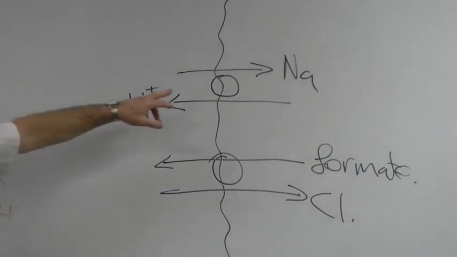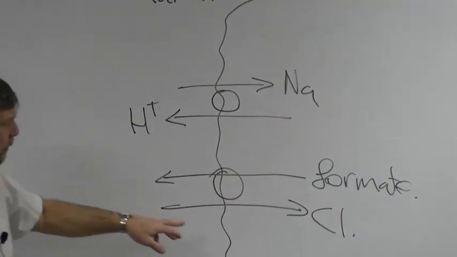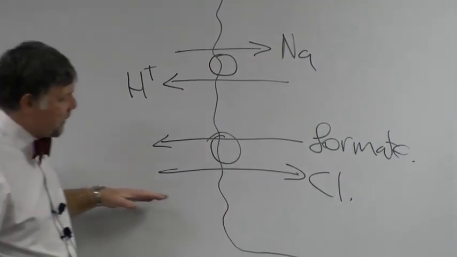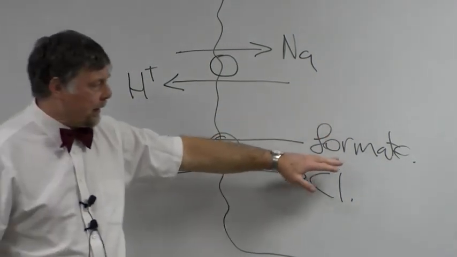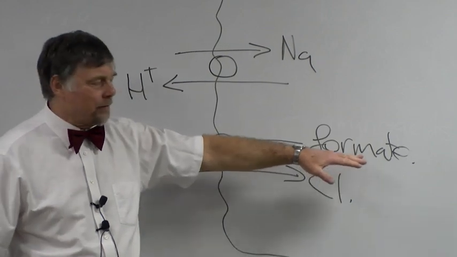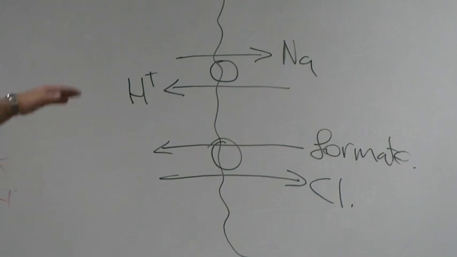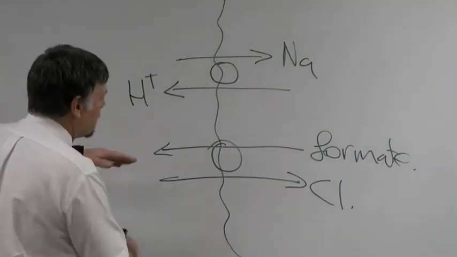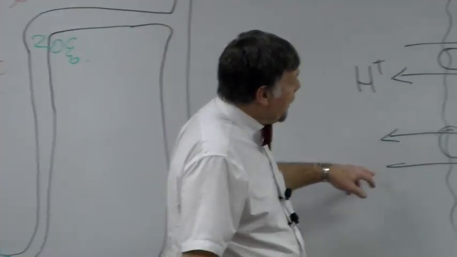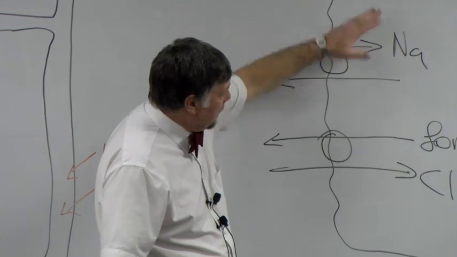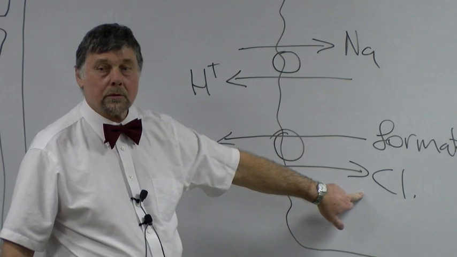So, this is the same sodium-hydrogen exchange we were talking about before, but we also have a means of exchanging chloride with formate, and maybe a whole bunch of other things. Formate, there's not a lot of it around, but formate, succinate, oxalate, maybe bicarbonate, whole bunch of things that can exchange for the chloride. So the net effect here is that when you combine these two systems, you're reabsorbing sodium chloride. Okay?